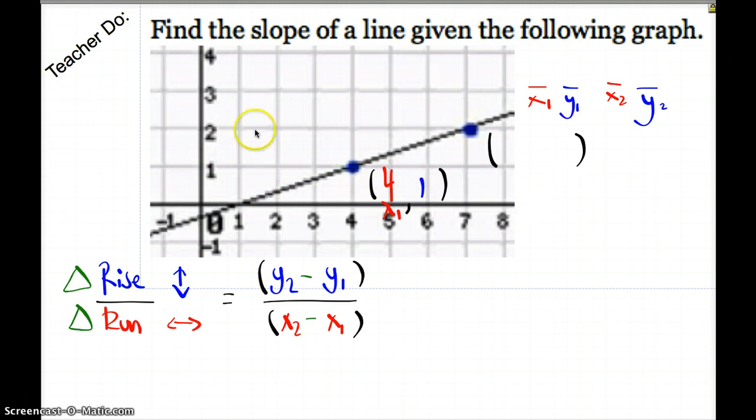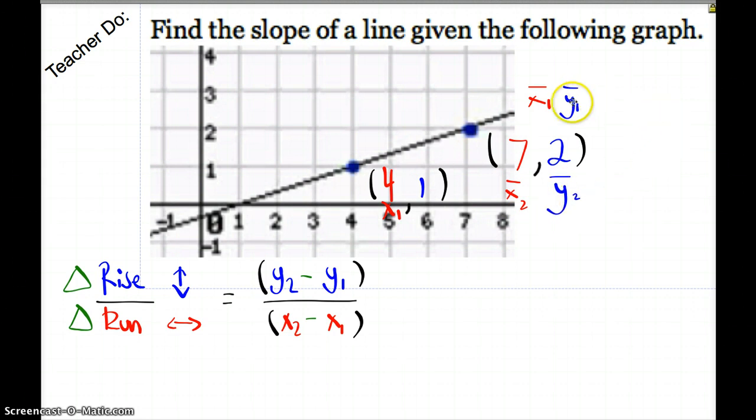Repeat the same process here. We got x equals 1, 2, 3, 4, 5, 6, 7. This is 7, comma, and our y value is 0, 1, 2. Now this represents our x2 and y2.